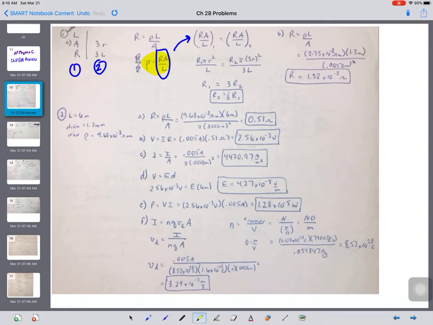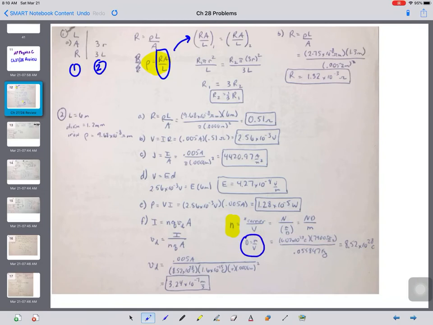Most of the stuff in there we know, except for small n. So over here on the side, I'm doing some work to be able to find n. Small n is the total number of carriers per volume, or capital N over the volume. Now, we can use a mole for capital N, but we have to have something to plug in for that volume.